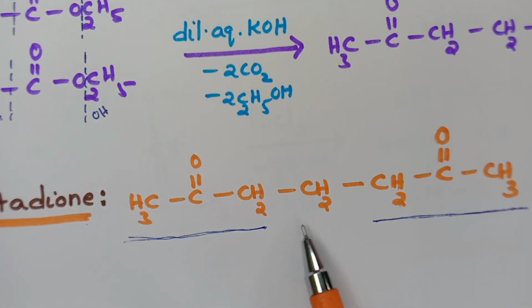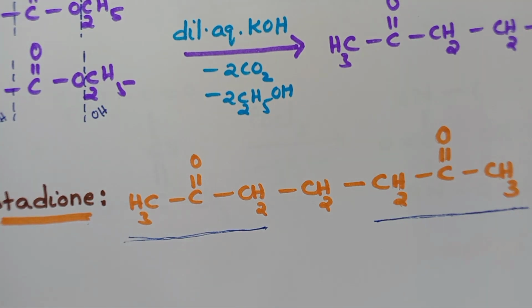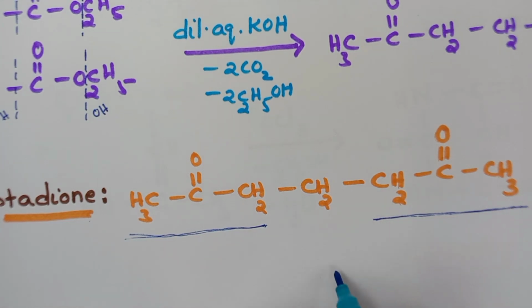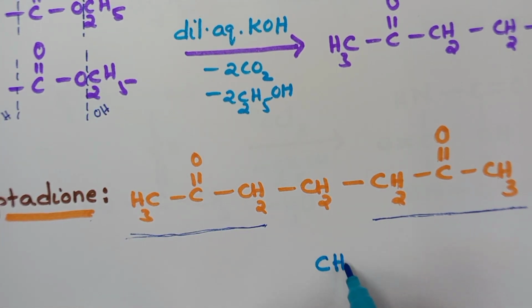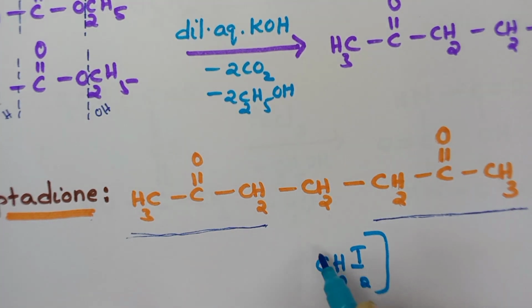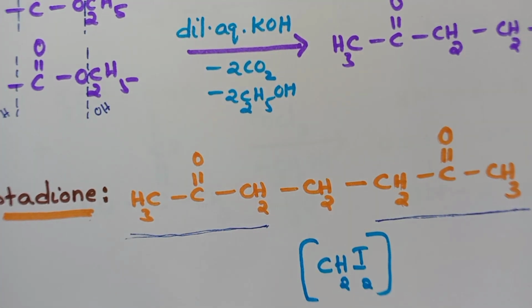So in order to introduce the CH2 group, what will you add? CH2I2. I am writing here for your information. CH2I2, methylene iodide. This is the reagent.